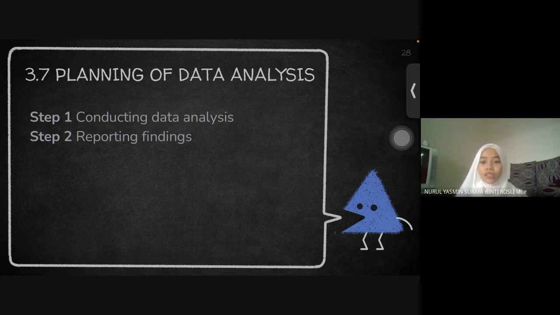All right. For step 2, a report of the findings will be generated in graphs and tables based on the interpreted results for descriptive statistics and inferences that can be drawn from the inferential statistics, which includes the counting of mean, median, variance, standard deviation, and maximum and minimum scores based on the data obtained from the questionnaire.